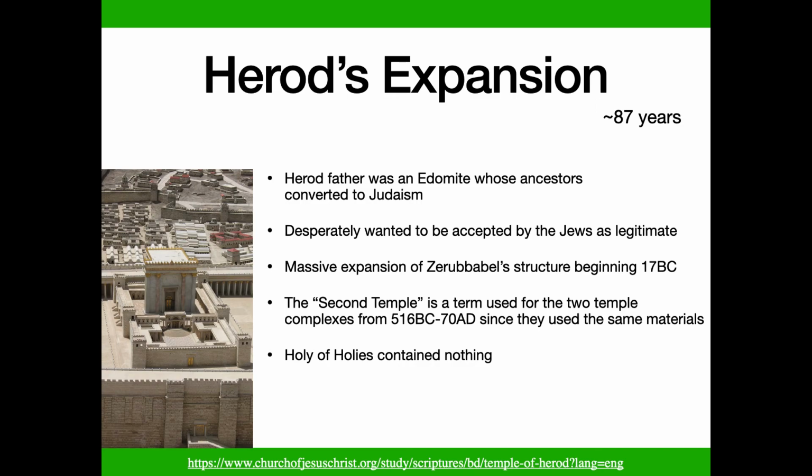And then the second temple is both Zerubbabel and Herod's temple put together. Since it's made out of the same building materials, it's technically all together in one, and it's deemed the second temple. So from 516 to 70 AD, that's what is termed the second temple, even though they're two very distinct, very separate temples. And then the third temple would be the future temple that they build.